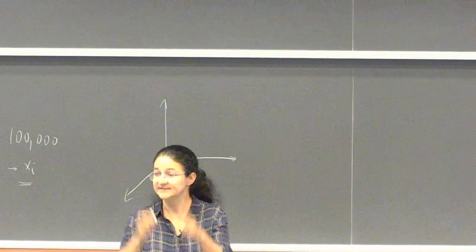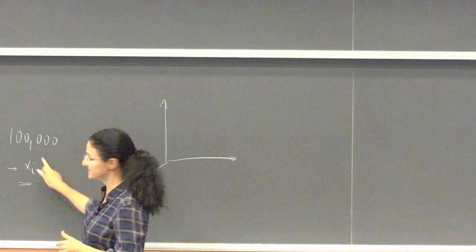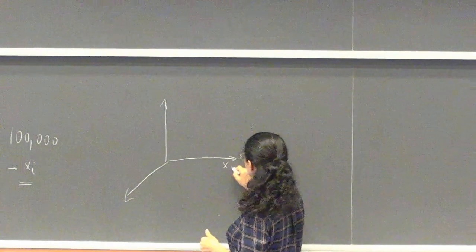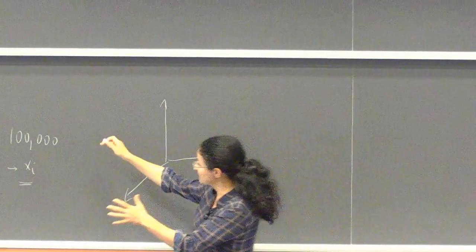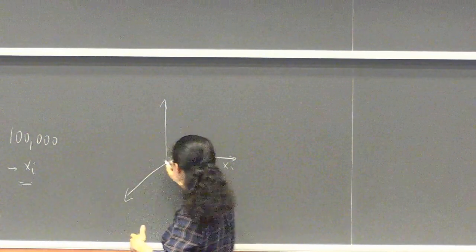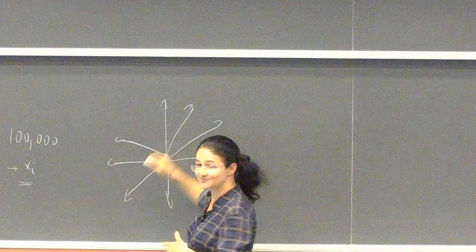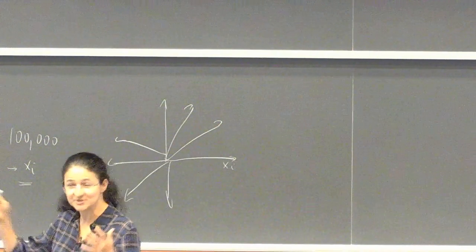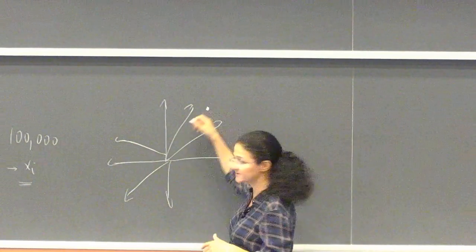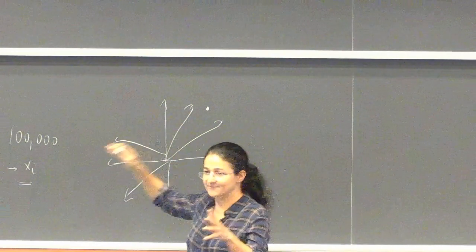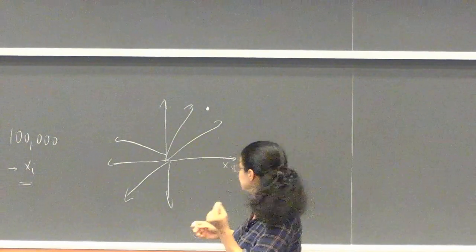For example, it can be ATP, which is a very important molecule. How many ATP there are in the cell, and then it will be represented by one axis in this dimensional space. And a cell in general would be represented in this 100,000 dimensional space. I don't know how to draw 100,000 dimensional space, but this is what a cell is. It's one point, one vector, in this 100,000 dimensional space. This is what a cell is at a certain point, time t.